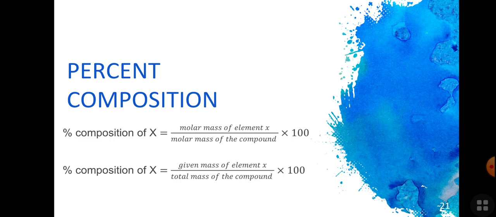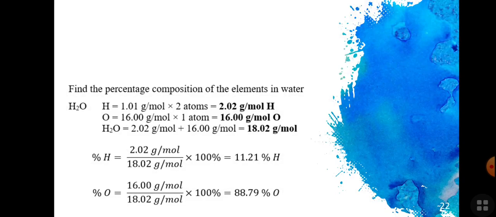Then, we solve for the total molar mass of the compound. So, then molar mass of the element over the molar mass of compound times 100 will be the molar mass of each element. Then, another one is if the relative mass of the compound and the elements are given. So I will give you an example. First one.